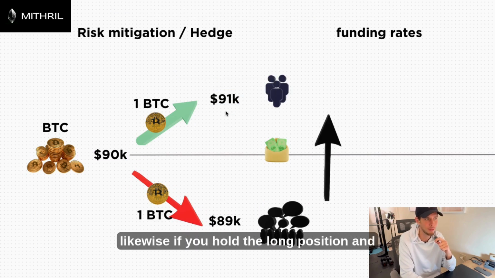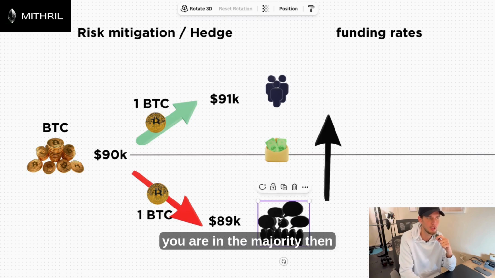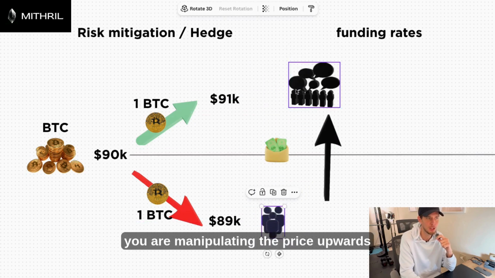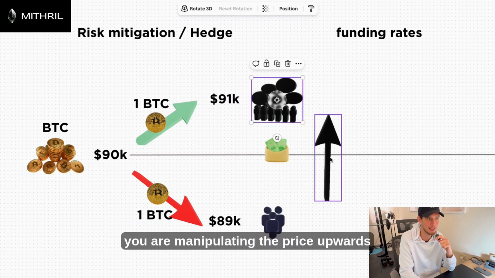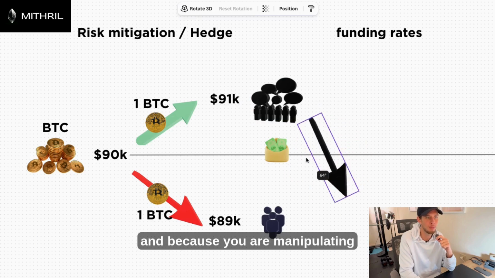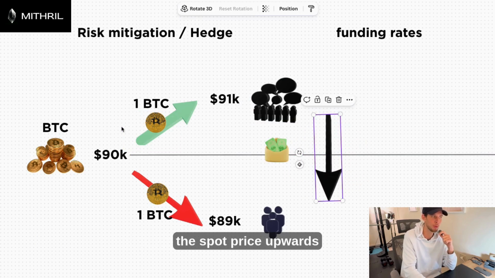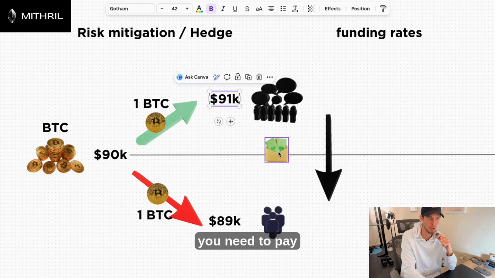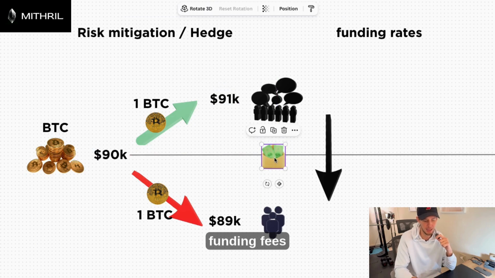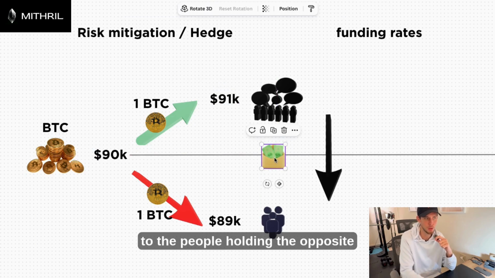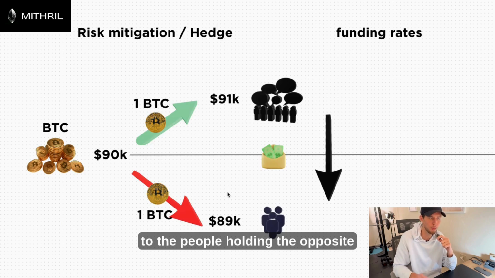Likewise, if you hold a long position and you are in the majority, then you are manipulating the price upwards. And because you are manipulating the spot price upwards, you need to pay funding fees to the people holding the opposite positions, so to the short holders.